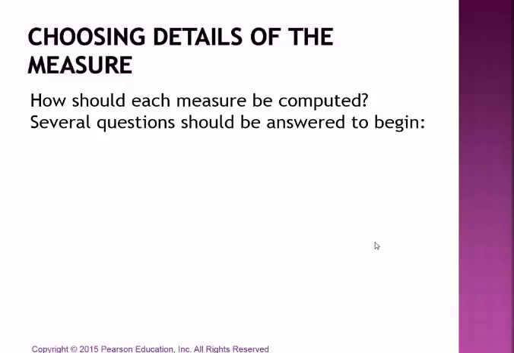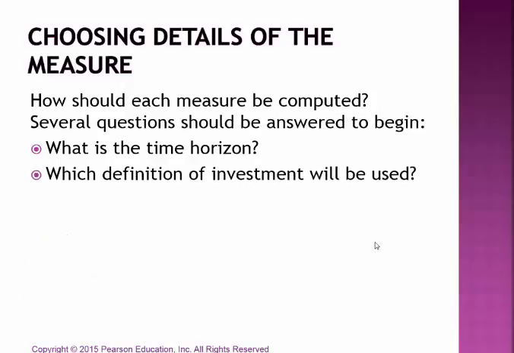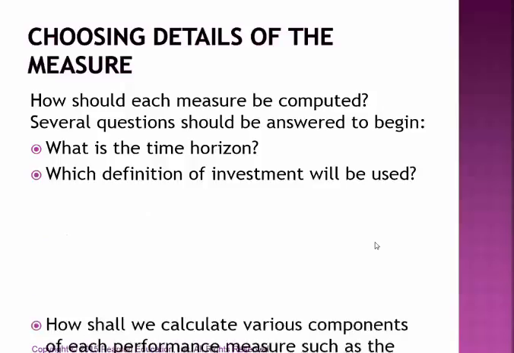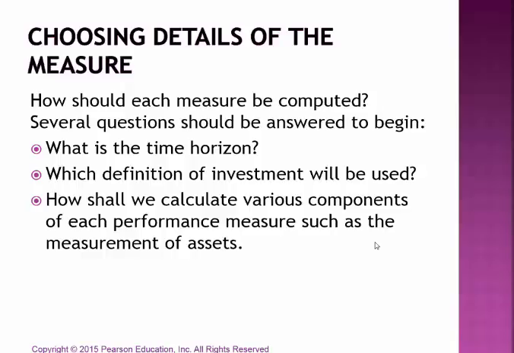So how should each one of these measures be computed? There's lots of things we need to consider. What is the time horizon? Which definition of investment will be used, and how shall we calculate various components of each performance measure, such as the measurement of the assets.